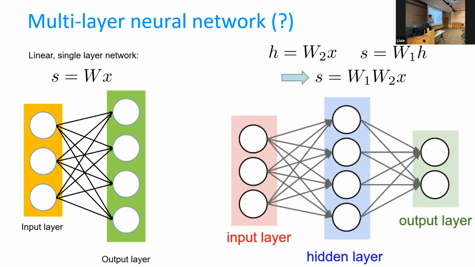Now, if you are familiar with linear algebra, this might look a little bit fishy to you. Any guesses as to why, from a linear algebra perspective, stacking more layers in a neural network might not be the most effective thing? Yeah, back there.